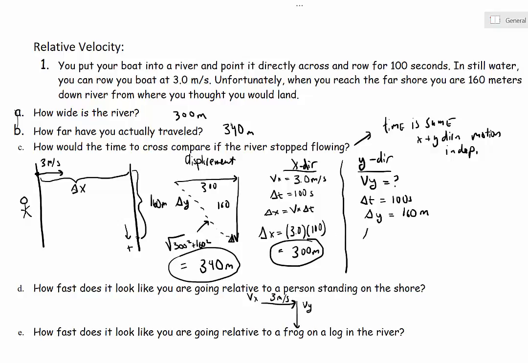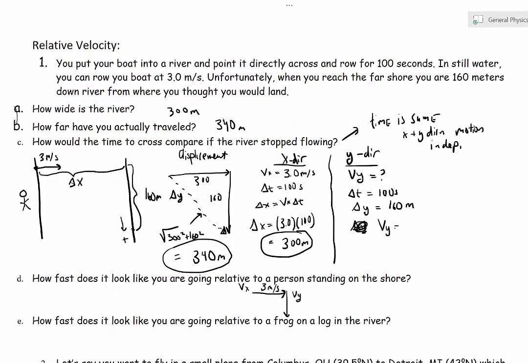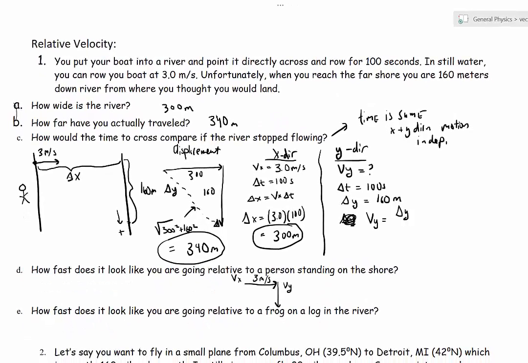That's how far we traveled. And instead of using kinematic equations, we're not accelerating down the river. The river was moving at a constant speed. I'm going to rewrite this just so we can see. My velocity in the y direction is going to be change in position over change in time.